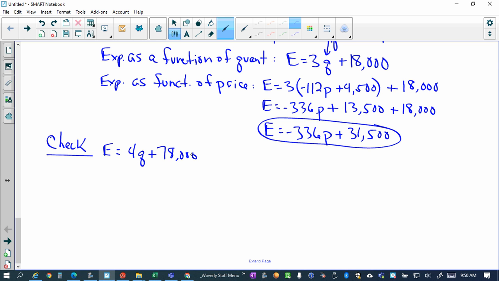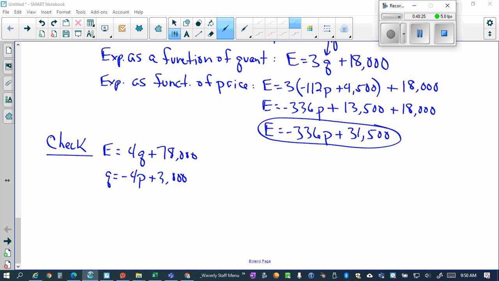Then they tell us that Q equals negative 4P plus 3,000. We got it. So we'll just do the substitution real quick here.